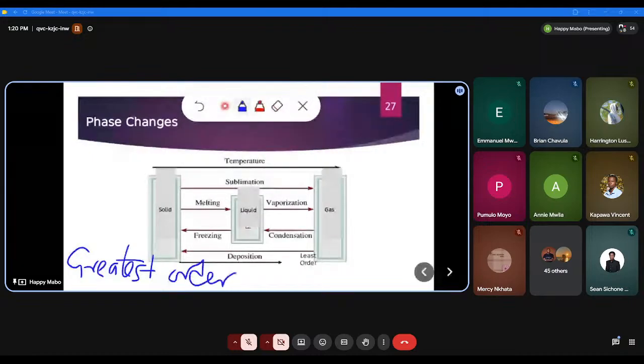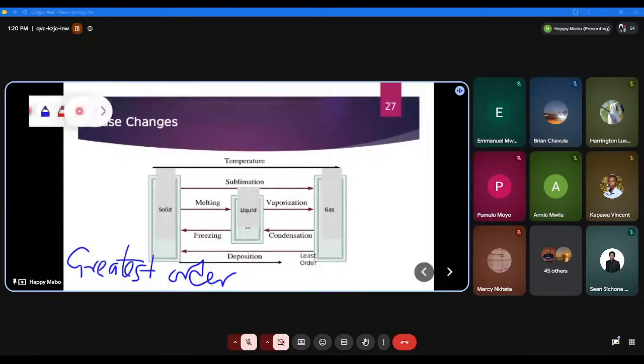So on the slide itself, when we move from left going to the right, we see that we've got processes that are endothermic in nature. You have melting, vaporization, and sublimation. So these processes involve breaking bonds.